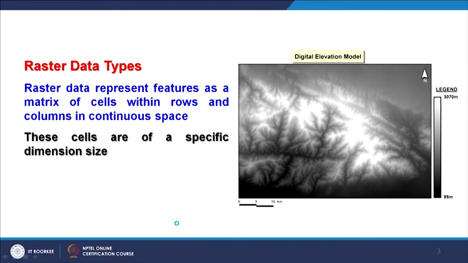So it depends on the work or project in which you are going to employ a particular resolution data. For those working in a large area, say continental scale, even 100 meter or 1 kilometer resolution may be sufficient. But if I am working in a 10 square kilometer watershed or a district, then maybe I require very high spatial resolution data. So this dimension of the cell, which is equivalent to ground area, basically decides what spatial resolution is. We will have a completely separate discussion on this also.